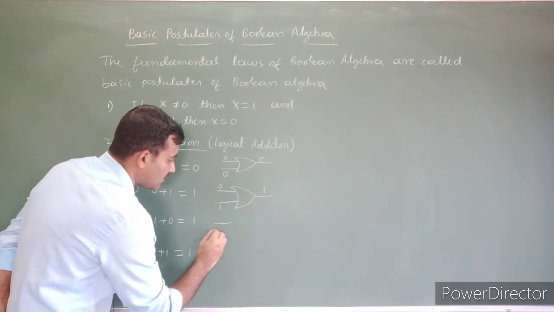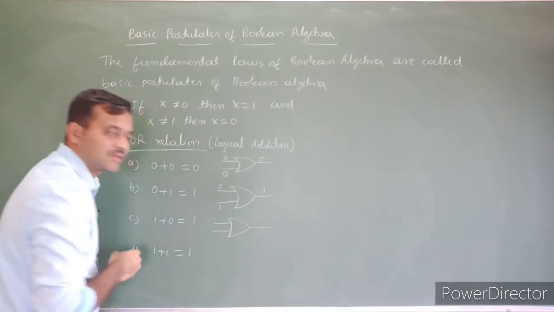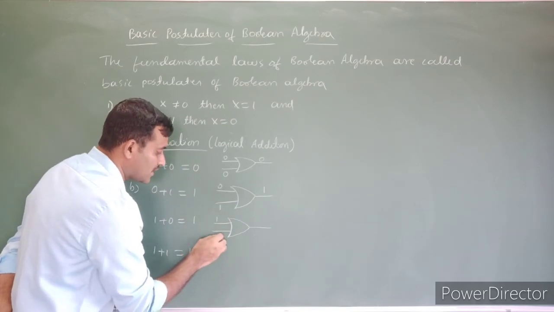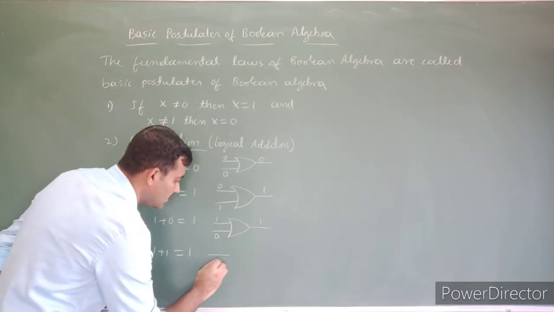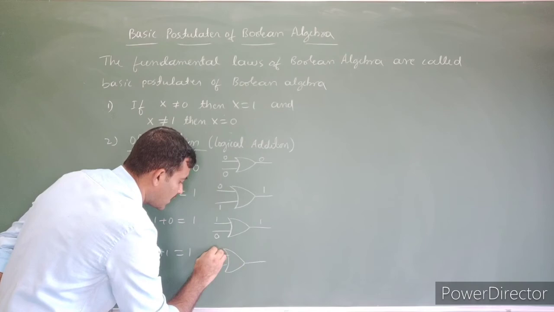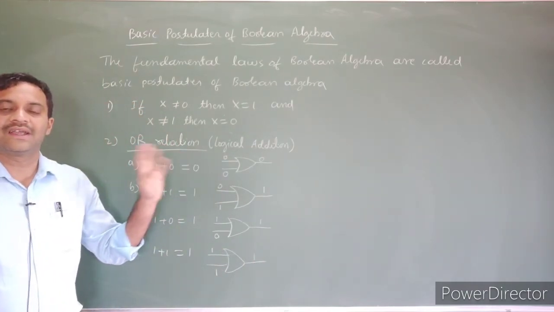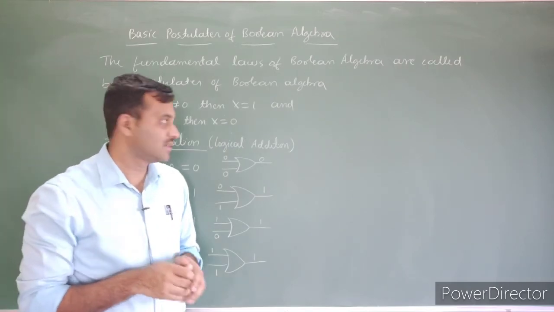The OR gate accepts 2 or more input signals. If both the inputs are 1, then output is 1. This is called the OR relation. That is the second postulate of Boolean algebra.